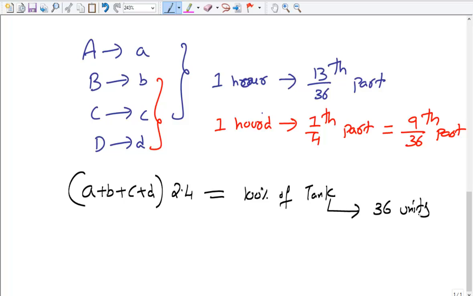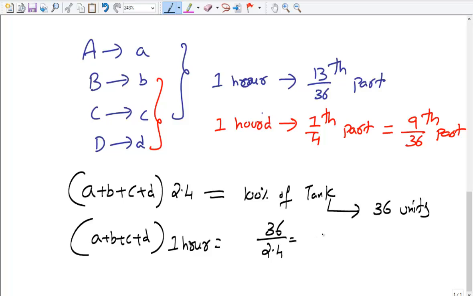If each part is 1 unit, you can say 36 units. That's very easy. It means A plus B plus C plus D, they fill in 1 hour 36 by 2.4, that is 15 units in 1 hour, A, B, C, D together.